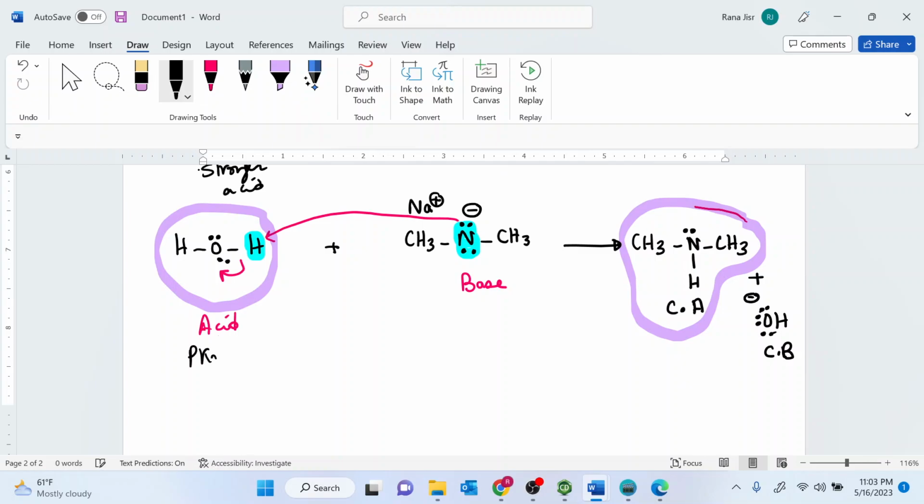The pKa for water is around 15 or 15.7, and the pKa of the conjugate acid is around 36 in this case. So we know that the direction of equilibrium lies away from the stronger acid. So the direction of equilibrium lies to the right. This reaction happens. When we express the direction of equilibrium, we express it as to the right and then a little bit to the left.